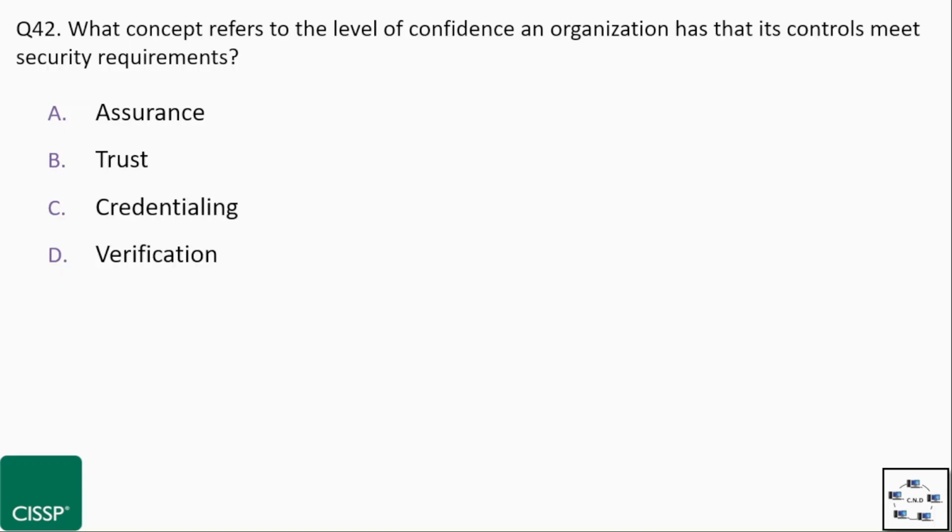Question number 42. What concept refers to the level of confidence an organization has that its controls meet security requirements? And the options are: option A, assurance; option B, trust; option C, credentialing; and option D, verification.